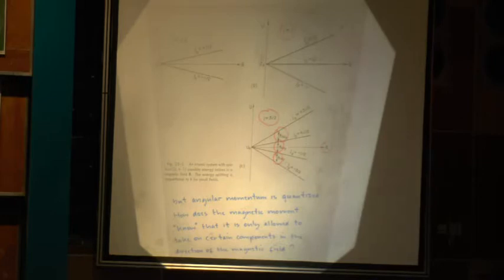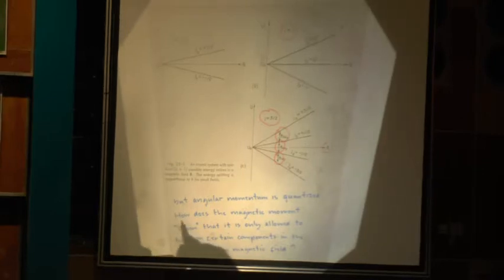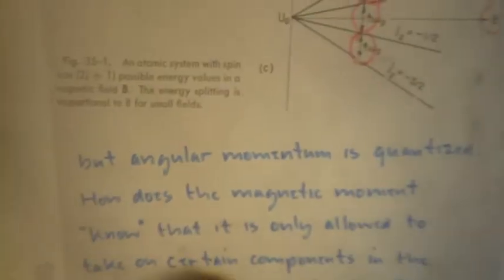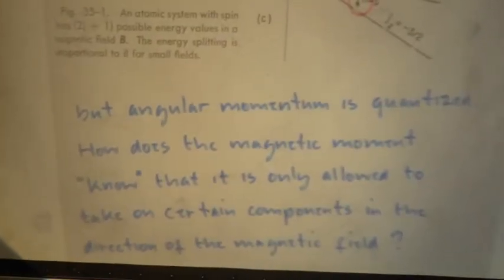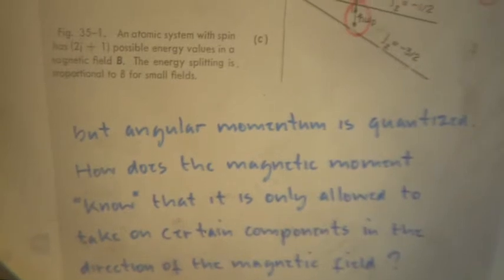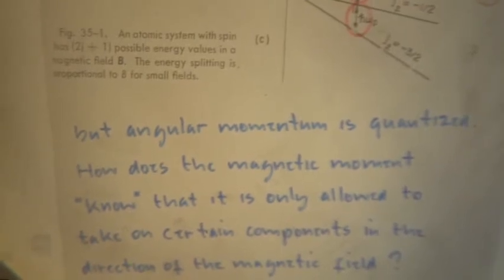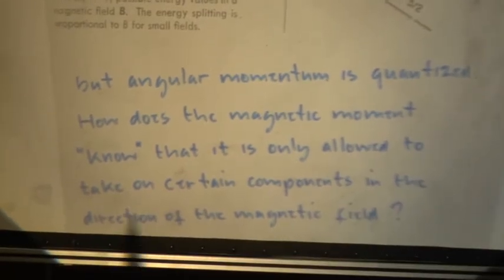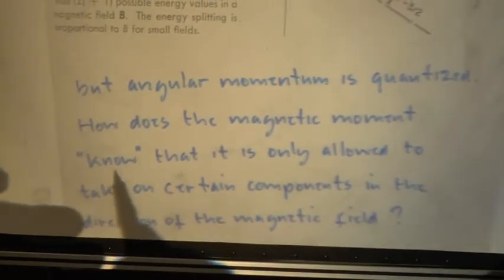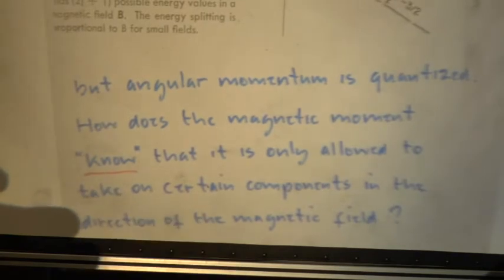Now again, it goes deep into the interpretations of quantum mechanics. This might interest physics and philosophy students, but certainly it's not something we can even begin to understand in a classical model, that the magnetic moment knows, in inverted commas, it's only allowed to take certain components in the field direction.